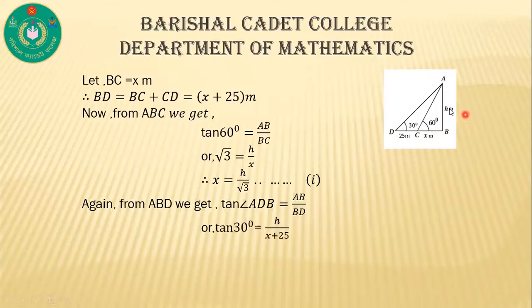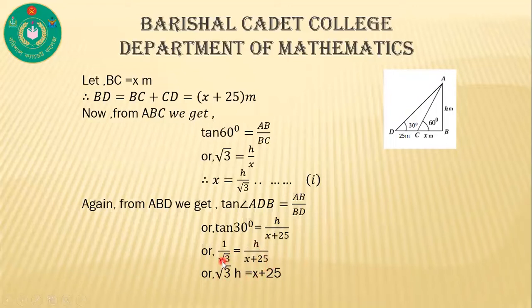Now putting the value of AB and BD, here ADB is equal to 30 degree and AB is equal to h and BD is equal to x plus 25. We know tan 30 degree is equal to 1 by root 3 is equal to h by x plus 25.